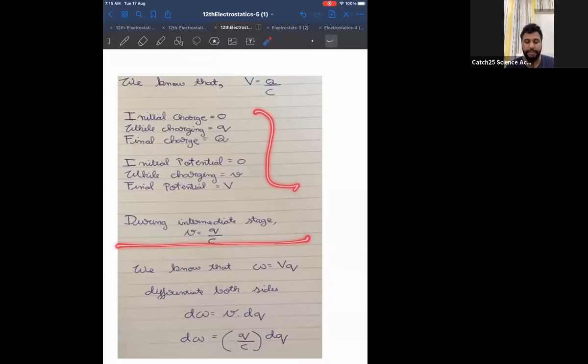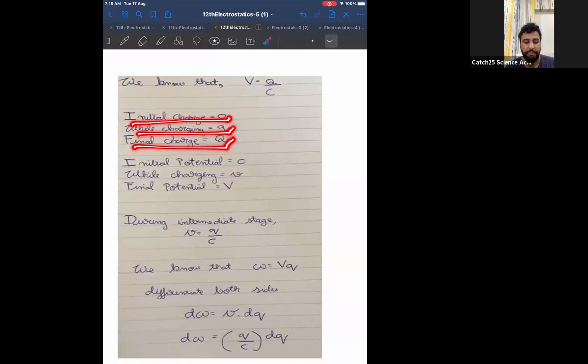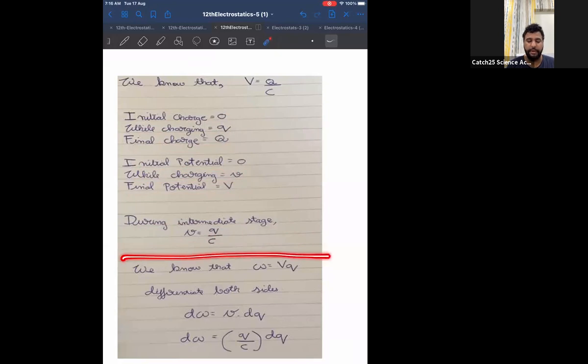See, listen to this. Let the initial charge be 0. Let the final charge be capital Q. And while charging, it is small letter q. Similarly, let the initial potential be 0. Let the final potential be V. Let the potential while charging be small letter v. Therefore, during the intermediate stage, small letter v is equal to small letter q by c. Till here, all of you write down.